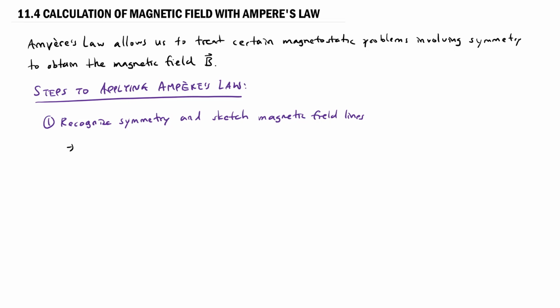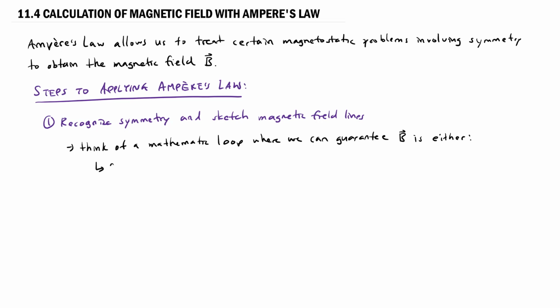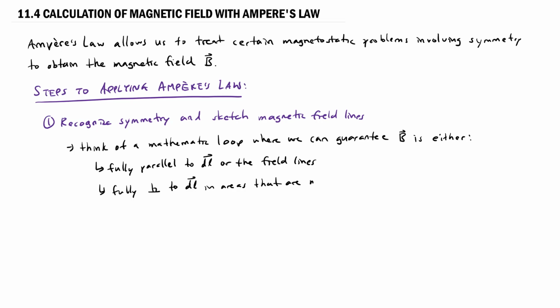So here we want to think of a mathematical loop where we can guarantee the magnetic field B is one of two things: either fully parallel to dl, or the field lines, or fully perpendicular to dl in areas that are not parallel.